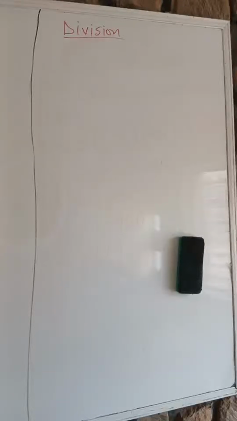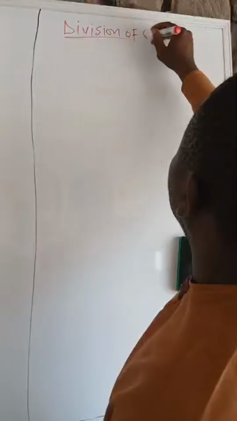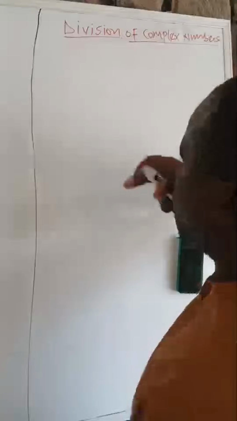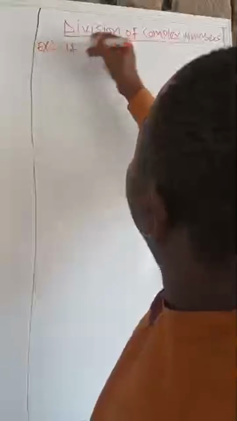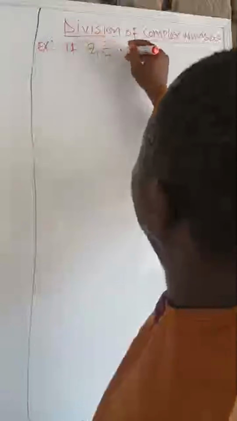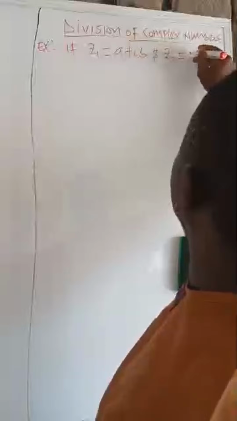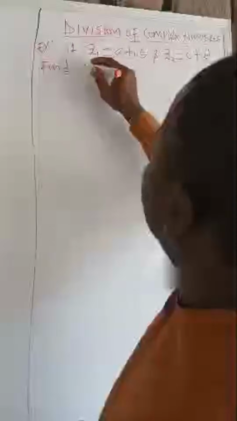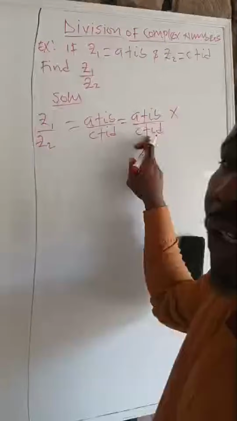Okay, so now I want to consider division of complex numbers. So now, if Z1 equals a plus ib and Z2 equals c plus id, and you are asked to find Z1 over Z2, the denominator.